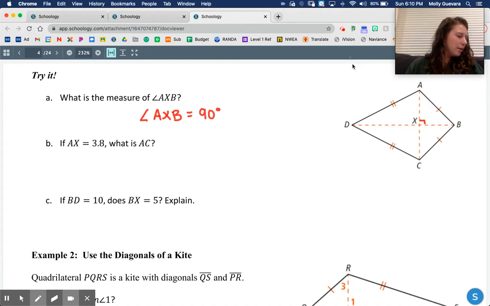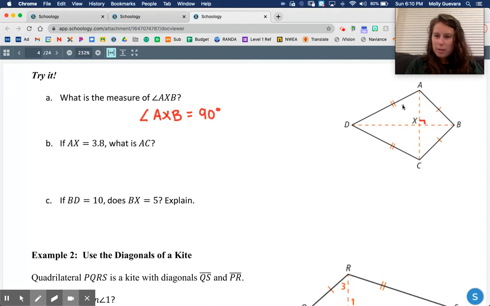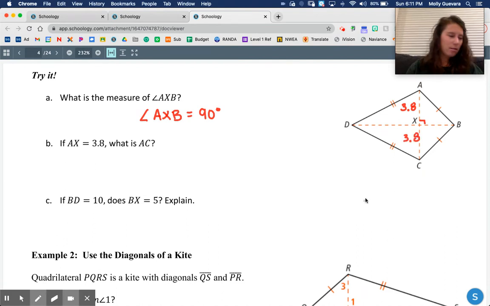The next part says if AX is 3.8, so this is 3.8, what is the distance from A to C? So what is this total distance? Well, if this is a kite, which it is, this line from A to C is cut in half. So if AX is 3.8, then that means that CX is also 3.8.